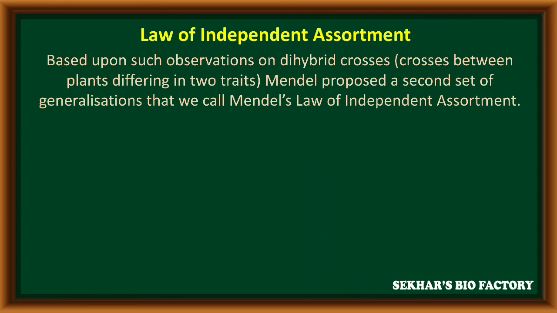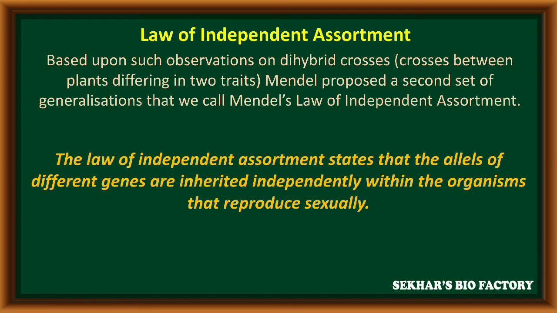Based on the dihybrid cross experiment, Mendel proposed the third law. It is called the law of independent assortment. Based upon such observation on dihybrid cross, in a cross between plants that differ in two traits, Mendel proposed a second set of generalizations that we call Mendel's law of independent assortment.